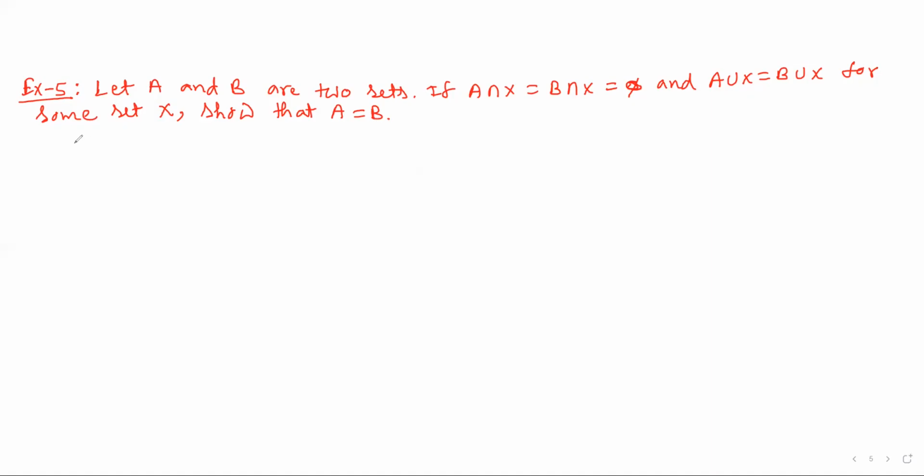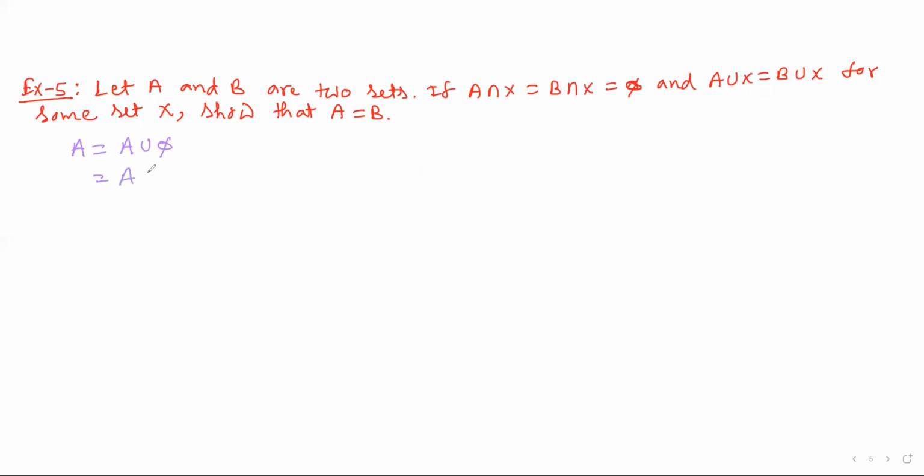So we will start from A. A is equal to, we can write A union phi. This type 1 property we have already learned. Now phi is equal to, it is given A intersection X, B intersection X is equal to phi.